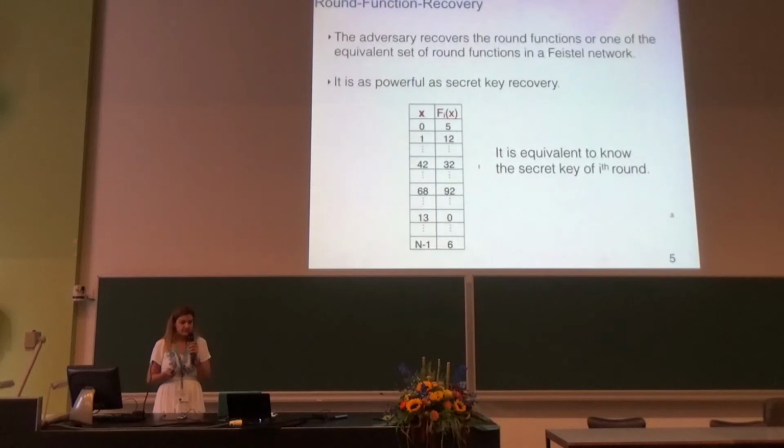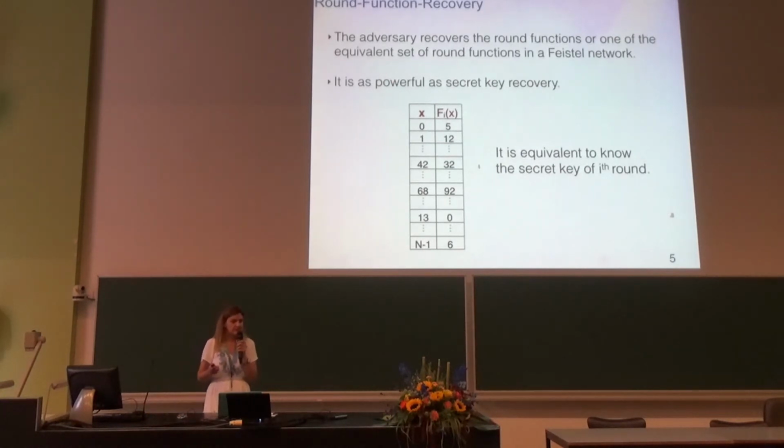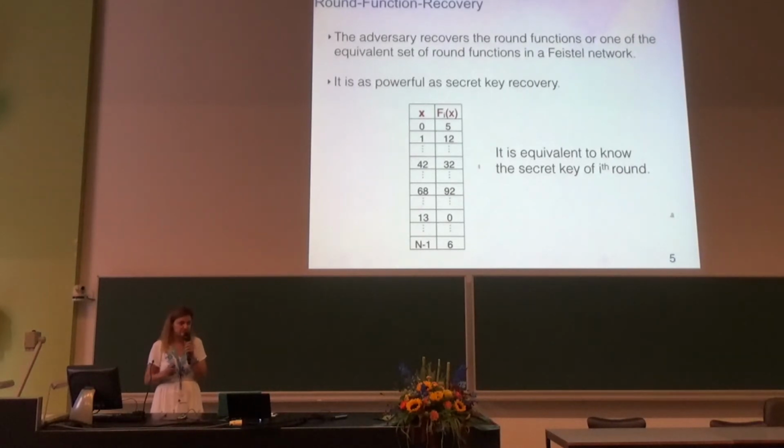As I promised, for round function recovery, we are basically trying to recover the round functions, and to make it simpler to understand, a round function can be represented as this table I show you here with 2 columns. In the first column, we have the domain; remember, I'm working on the integer domain, Zn. So my inputs are from 0 to n minus 1.